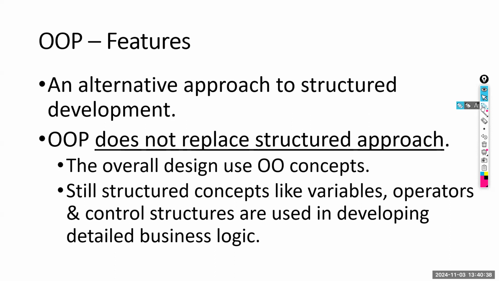C++ supported object-oriented programming in a serious manner. And then Java added super serious attention to object-oriented programming. And then, of course, C Sharp, Python, PHP, all these languages also started supporting object-oriented concepts. So that is a little bit of how the evolution happened.